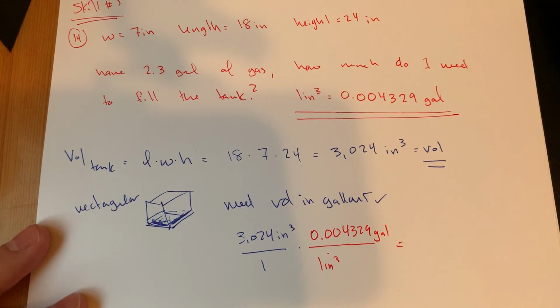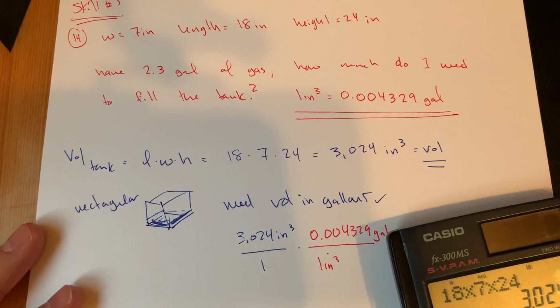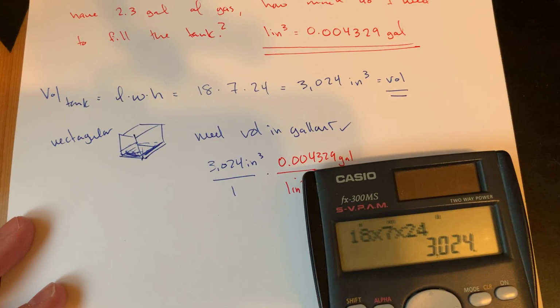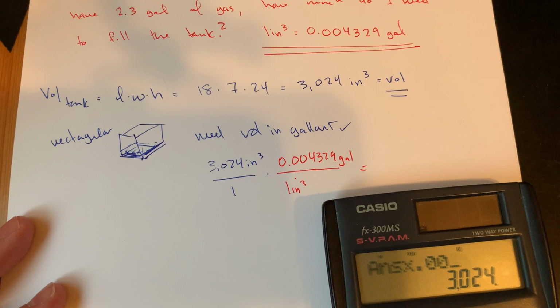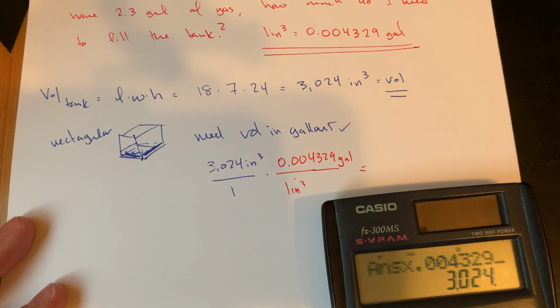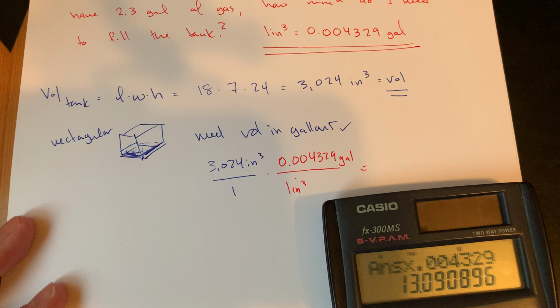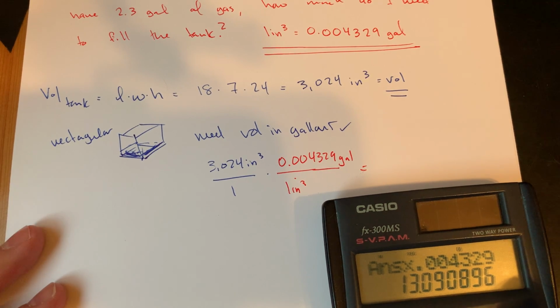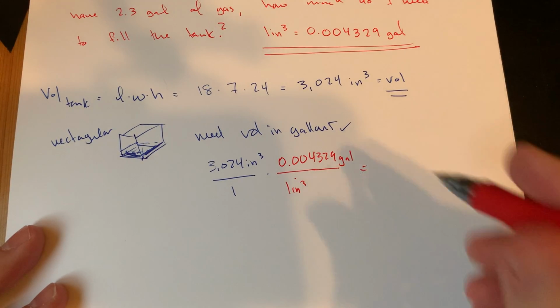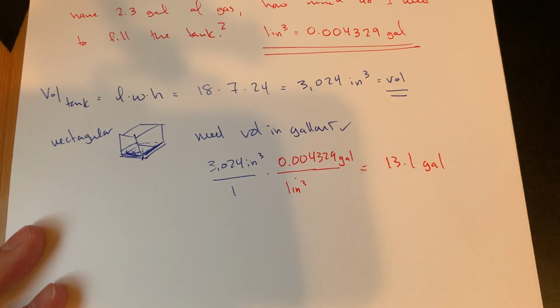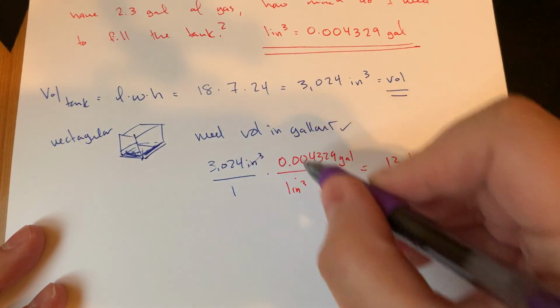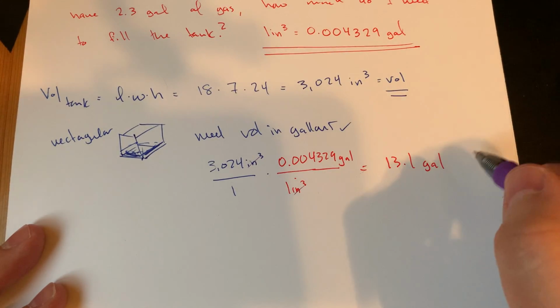So this is just a quick multiplication, right? 3,024 times 0.004329, so 13.09, we'll call that 13.1 gallons. The units here are canceling out just the way you would want, inches cubed to inches cubed.